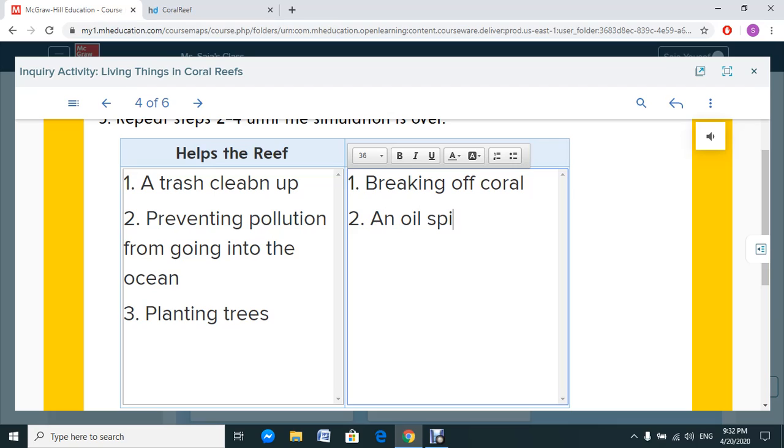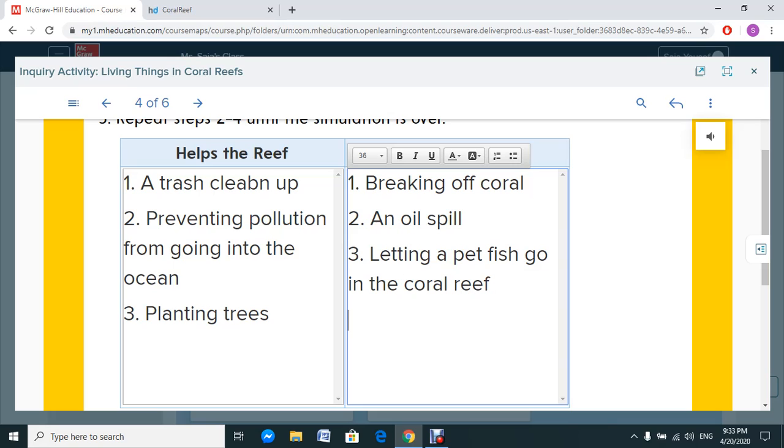So when oil spills, this is a very bad thing. The third thing, when we let a fish, our pet, go to the reef, this was a bad thing. So letting a pet fish go in the coral reef. Okay, what else?